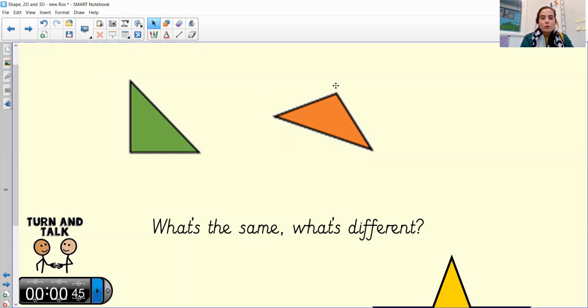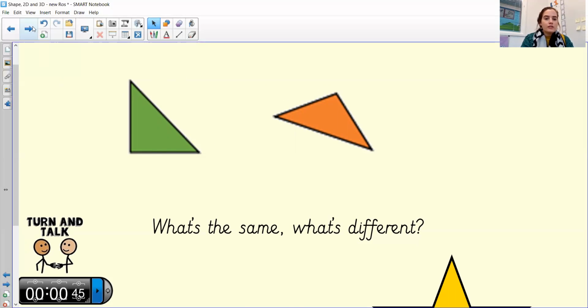So I'm going to talk about, some of us call them the pointy bits in class, these corners, okay? Both of them have 3 pointy bits or 3 corners, and they've both got, this is mathematical language, 3 sides, okay? 3 sides. Same and different.